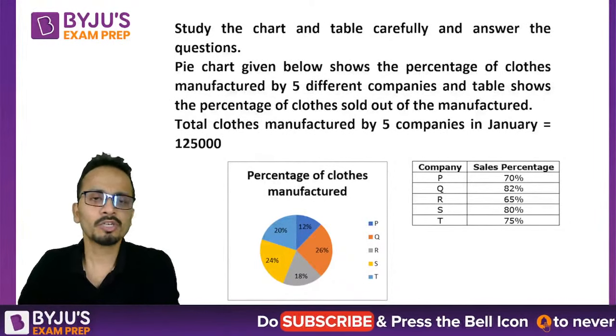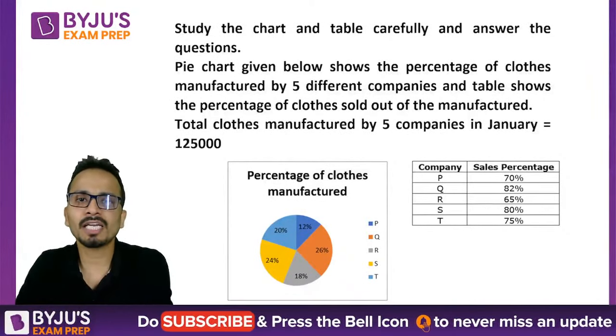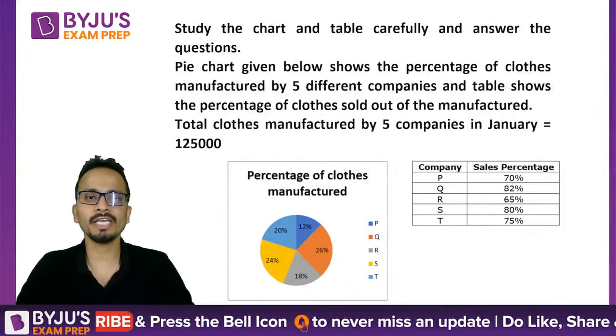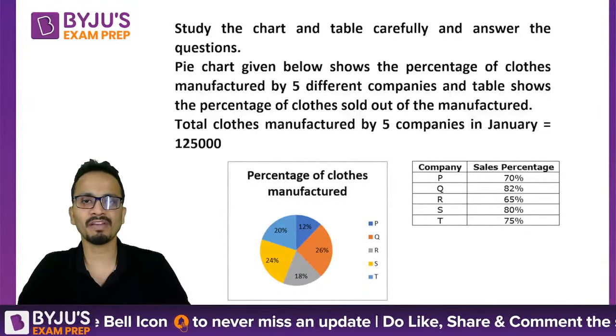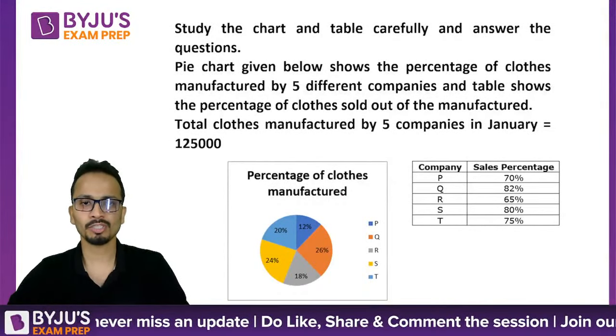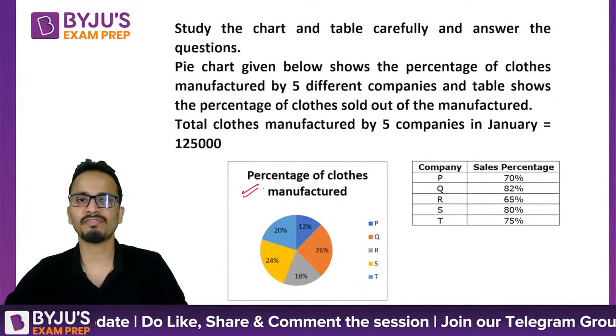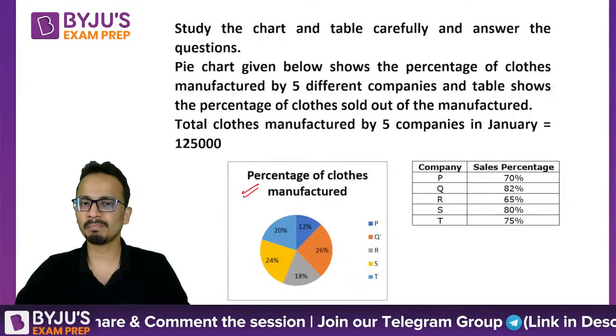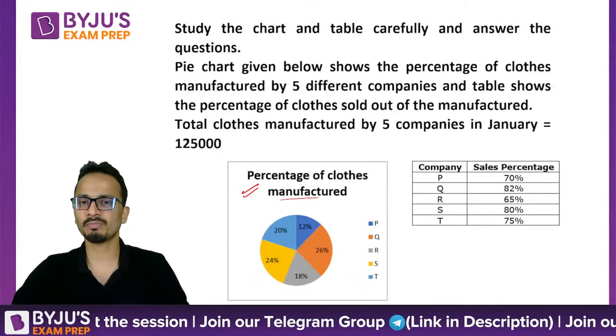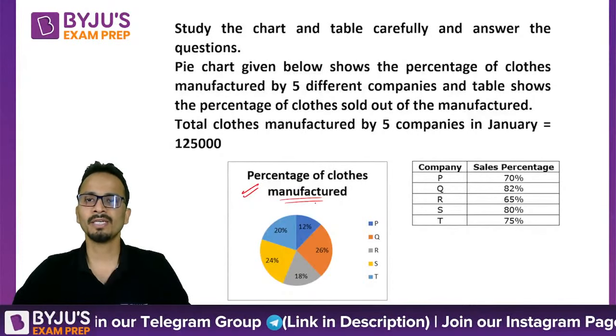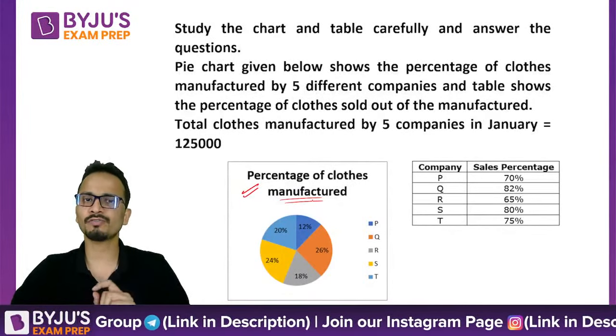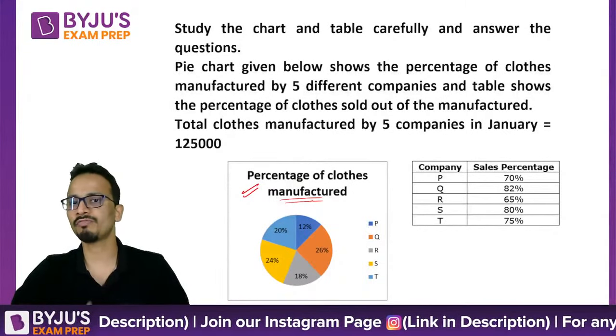Okay, so the question says that the pie chart given below shows the percentage of cloths manufactured by 5 different companies. Companies are P, Q, R, S, T. So this is manufactured. Okay, and the table shows the percentage of cloths sold out of the manufactured.